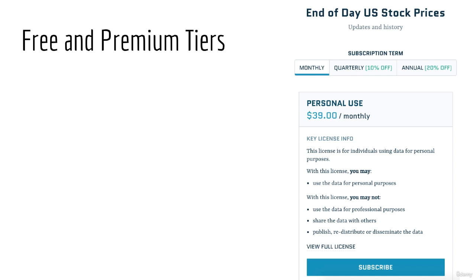In terms of Quandl's other core financial data, you'll find that it comes in two tiers, free and premium. Premium data is the data that costs money, and each data source is priced separately, so you can pay only for the products that you want. Note that the pricing is on a subscription basis, so you would pay some monthly fee or some yearly fee.